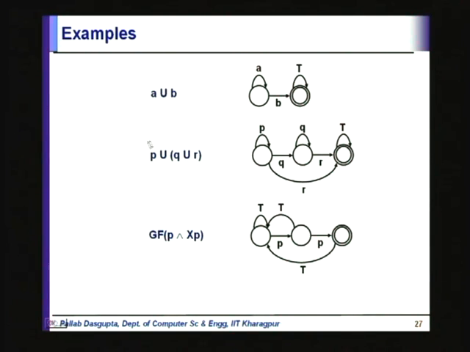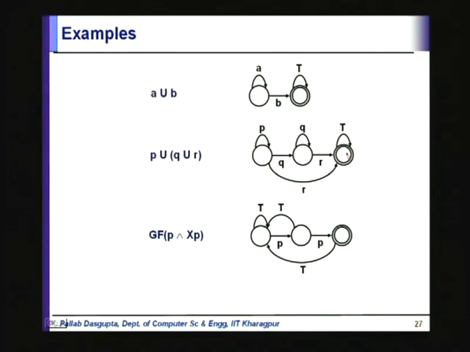Look at P until Q until R. As long as I get P, I can stay here. When I get a Q, I can go here, and then I can get Q, and then when I get R, I go here. From here, if I directly got R, I would have gone here. But once I reach this state, again I stay here forever.